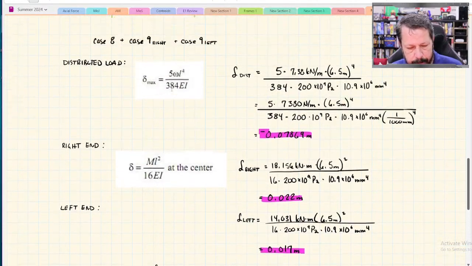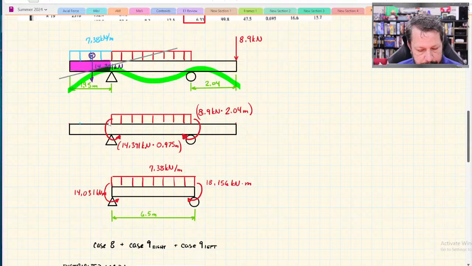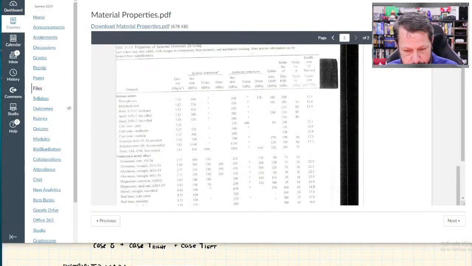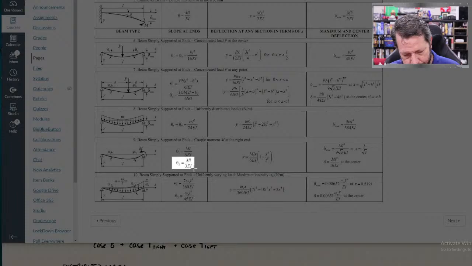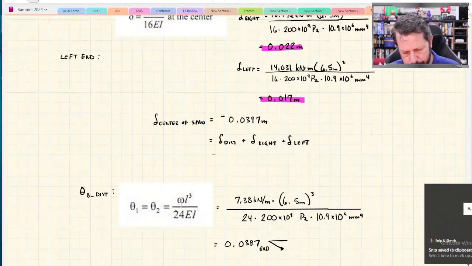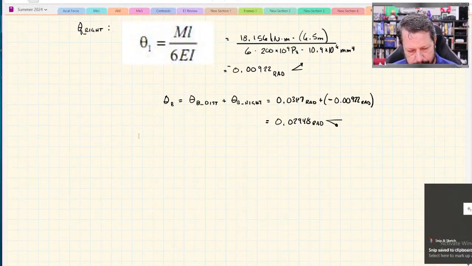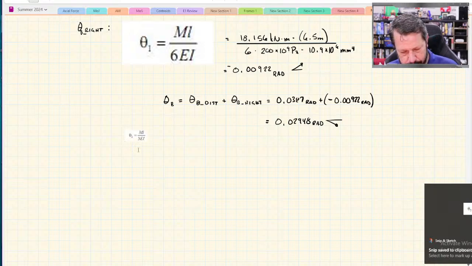No, it's not that. It would be the slope that's associated with the end the moment is applied to, which is ML over 3EI. I think we need to add that in. I originally did not think we needed to do that, but that was because I was treating it as if it were a fixed support, which it's not.